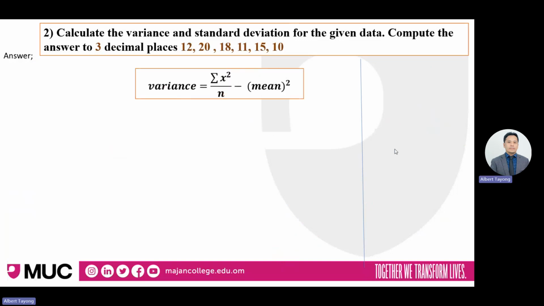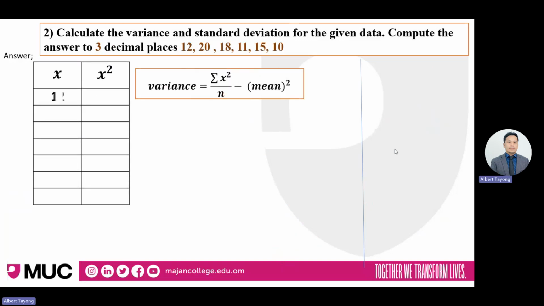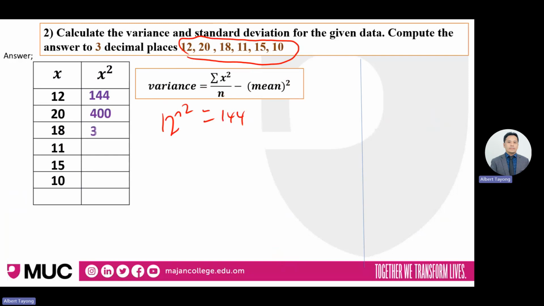We have 12, 20, 18, 11, 15, and 10. This one. Okay, so square: 12 times 12, 12 squared equals 144. 20 squared is 400, 18 squared, 324, 11 squared equals 121, 15 squared, and 10 squared.